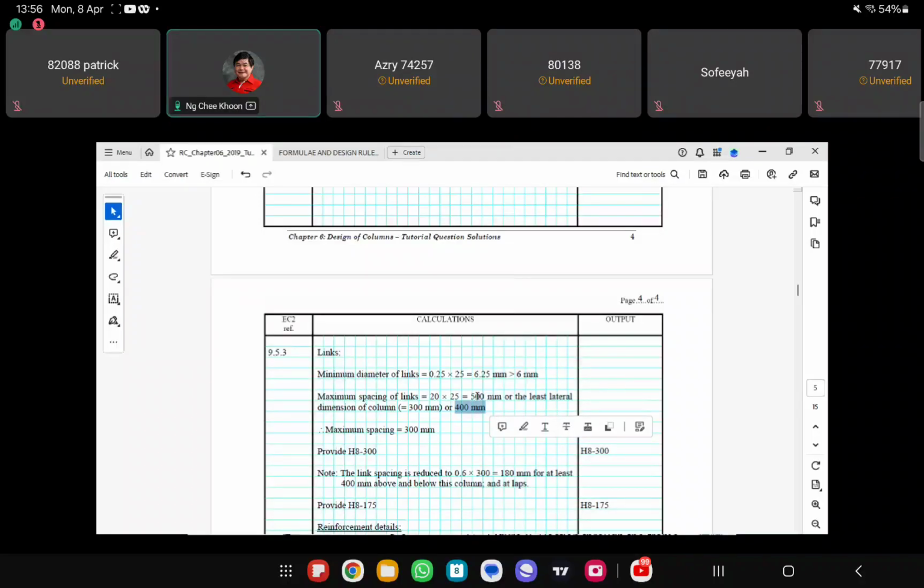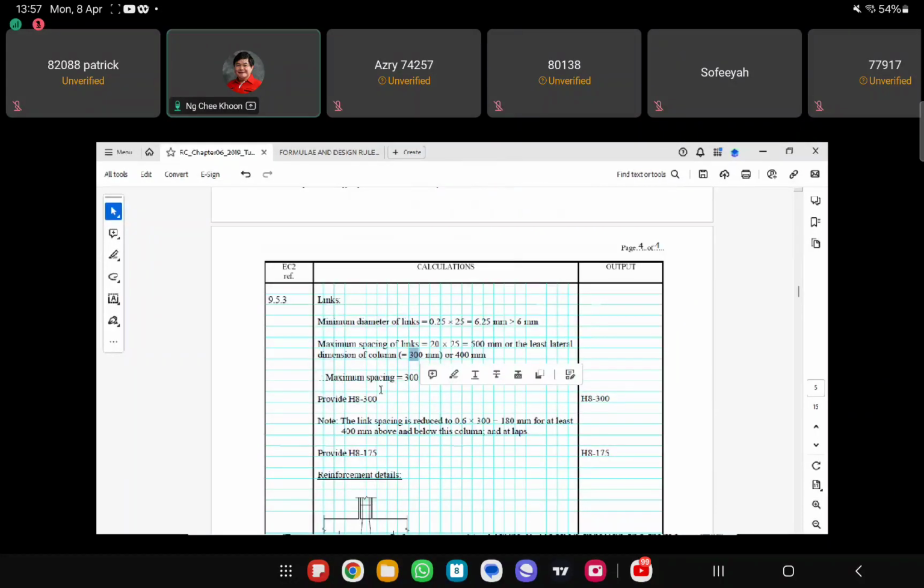So based on this 500, 300, and 400, we have to use the 300 mm because it must be the smallest of these three values. Okay, so the maximum spacing is 300. You cannot use 500 because 500 is more than 300. You also cannot use 400 because 400 is higher than 300. So we must use only 300 mm for the spacing.